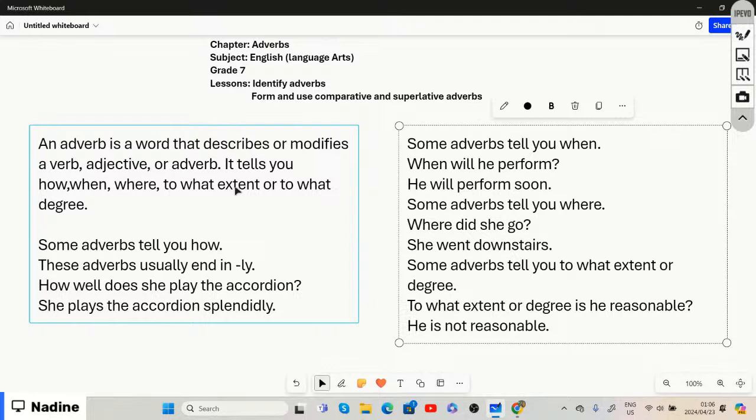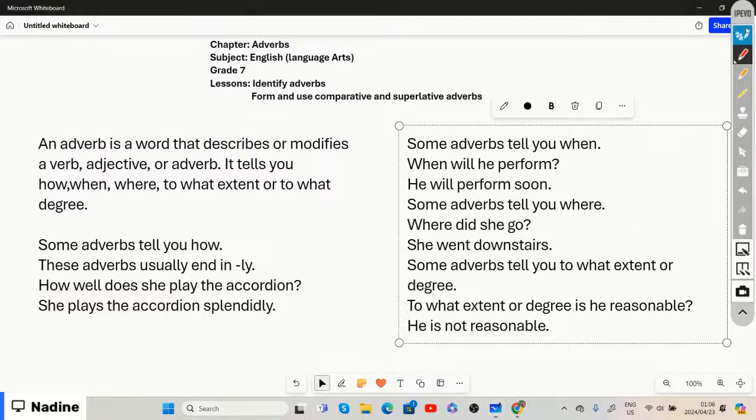So once again, we can either say that it modifies a verb, or we can say it describes a verb or tells us more about the verb. So an adverb is a word that describes or modifies a verb, adjective, or adverb. So it tells us more about the verb, the adjective, as well as an adverb.